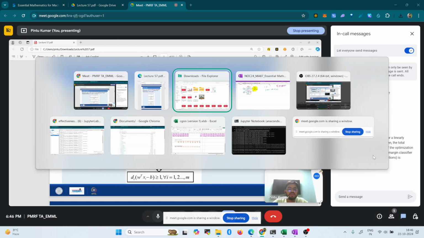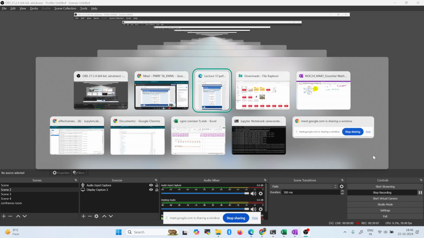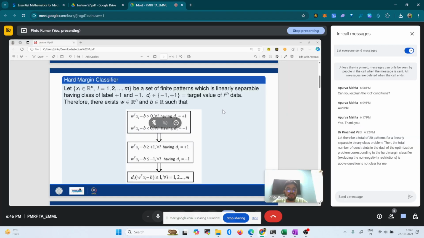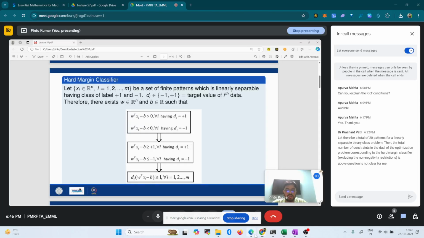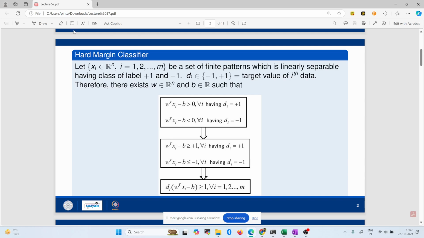Yeah. So this is the slides from the lecture. If you look at the wording of this, yeah, question from last assignment. So in this particular slide, it says let Xi's belonging to Rn be the set of finite patterns.